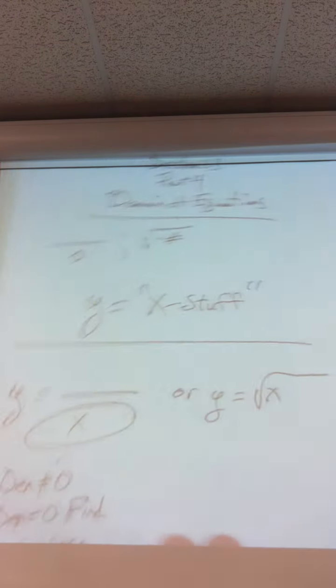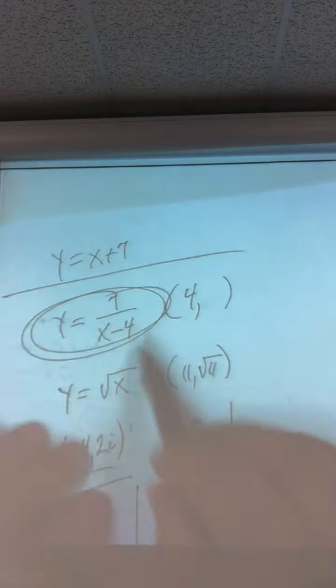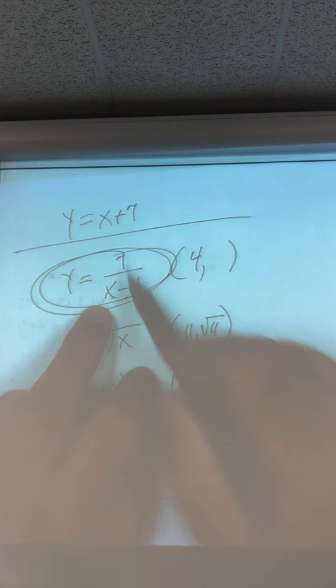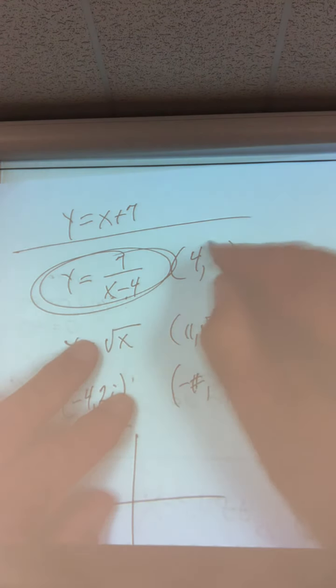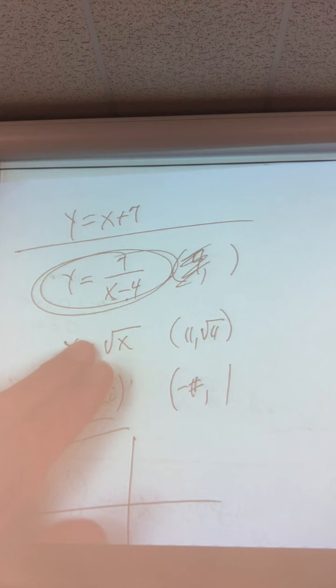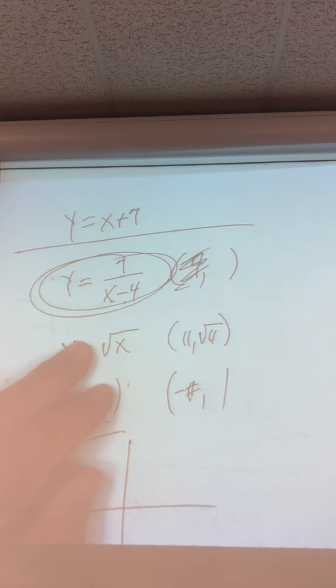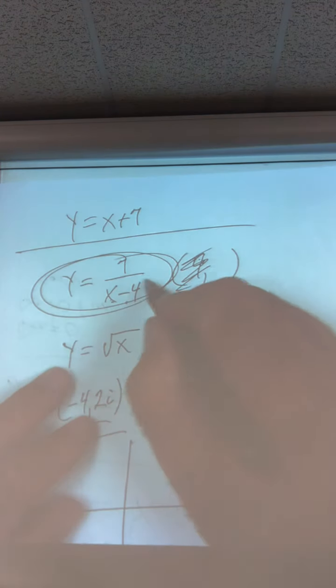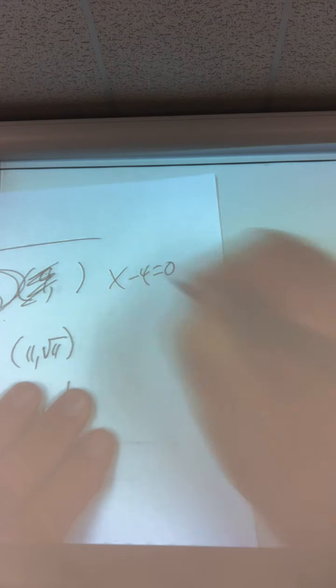For instance, let's go back to the one I had up here, this one right here. If you let x be 4, the denominator becomes what? 0. 7 over 0. So what we would do is we would say, okay, you can't use 4. So then what would the domain be? All real numbers except 4. So you find out what makes that be 0.